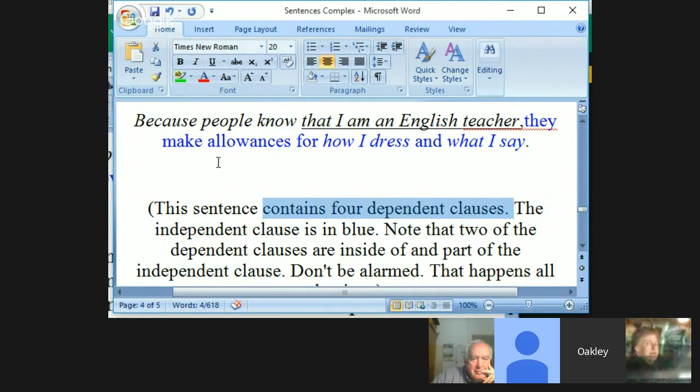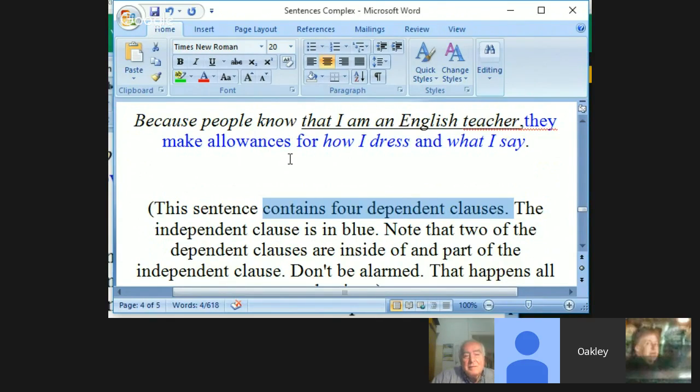They make allowances. A question, teacher: could it be sufficient to say that the independent clause is they make allowances, without saying for how I dress and what I say, in this definition of the independent clause?